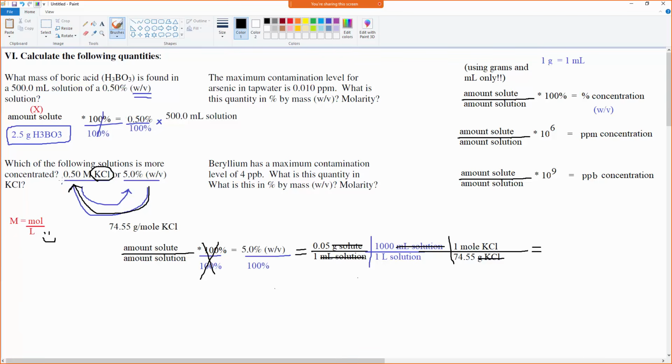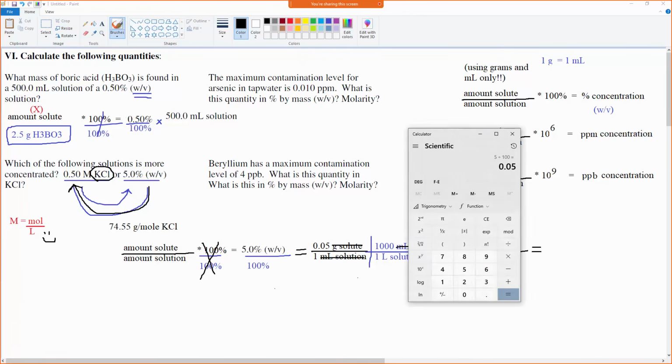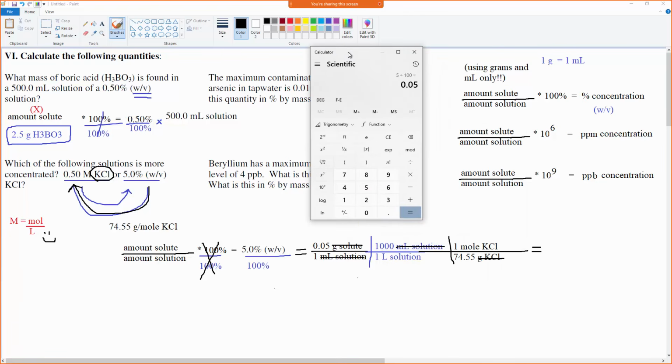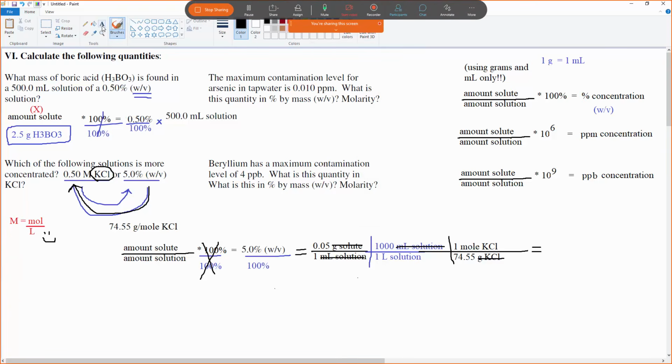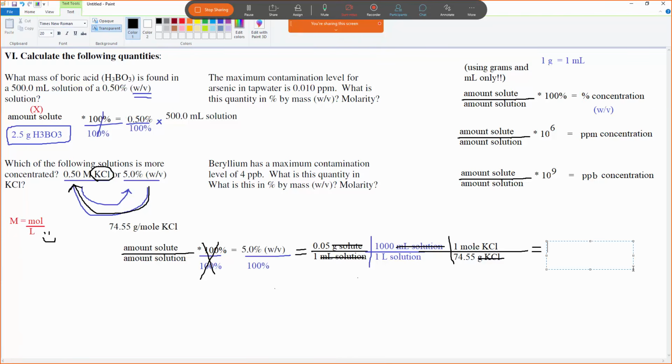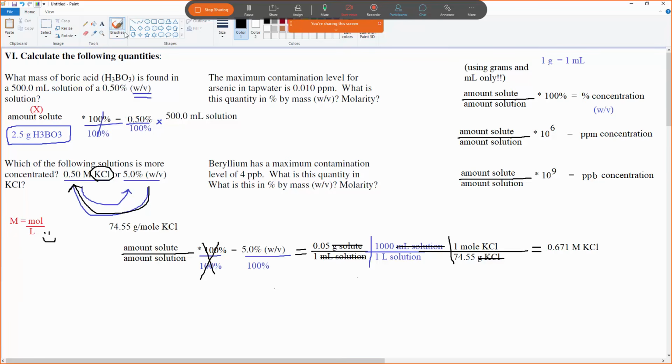So it will be comparable to this guy. We're comparing apples to apples. So 0.05 times 1,000 divided by 74.55 gives me 0.671 molarity KCl. Does that make sense to you guys?